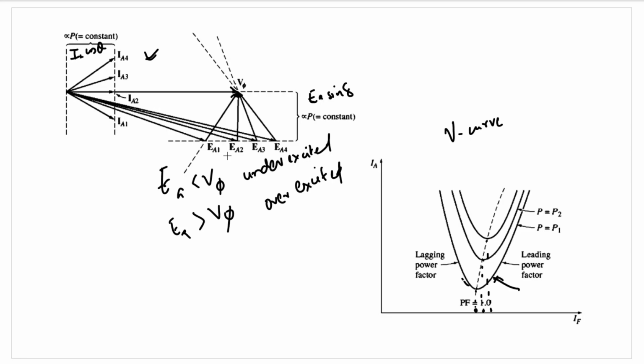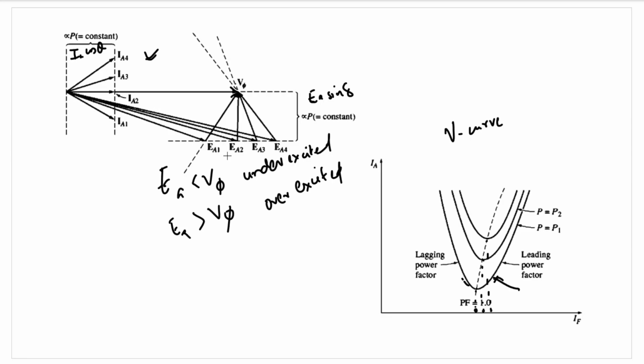At lagging power factor, the synchronous motor will consume reactive power. For a lesser amount of field current, the armature current is much larger, but it is in a lagging power factor region where it will start consuming reactive power.